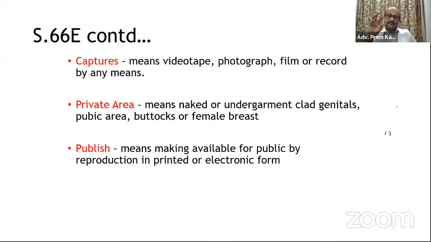It's very specific. Whoever without his or her consent captures, publishes, or transmits a private area, which could only mean naked or undergarment clad genitals, pubic area, buttocks, or female breast alone. That's it. So if somebody captures me without my consent, just as a whole, and posts it elsewhere, it might not attract section 66E.